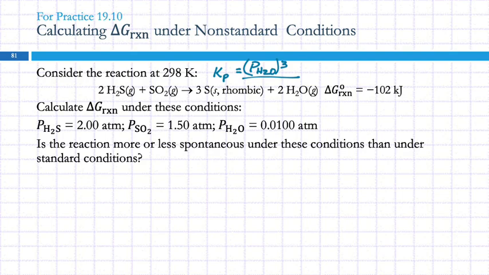Well, that was not a good place to start writing that. Let's just do it down here. It's the partial pressure of H2O to the second power. I don't know what was going on up there. That was a bad place. And the partial pressure of the H2S raised to what power?